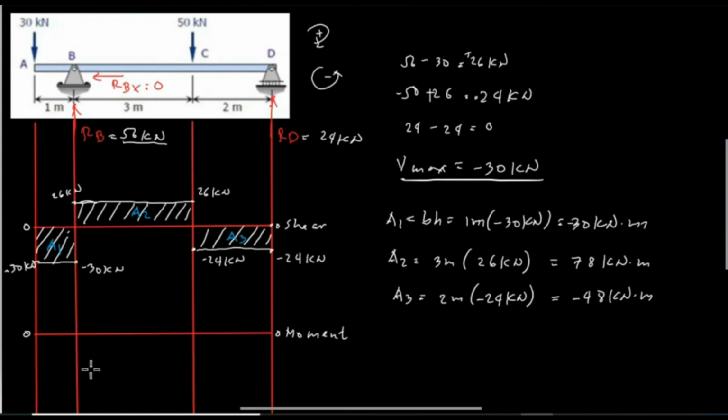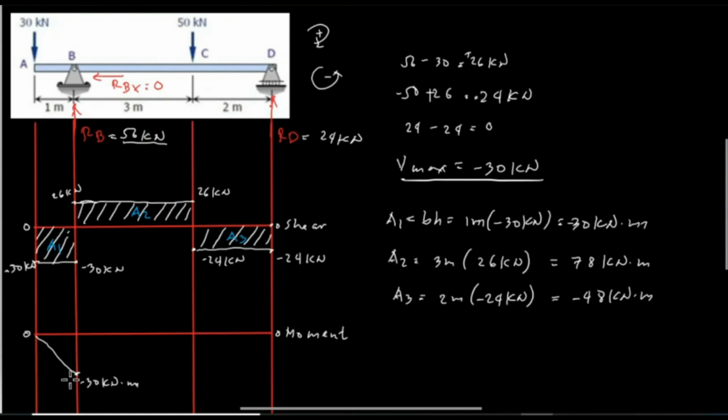So from A, the direction is going to negative 30 kilonewton meter, which is a straight or diagonal line.